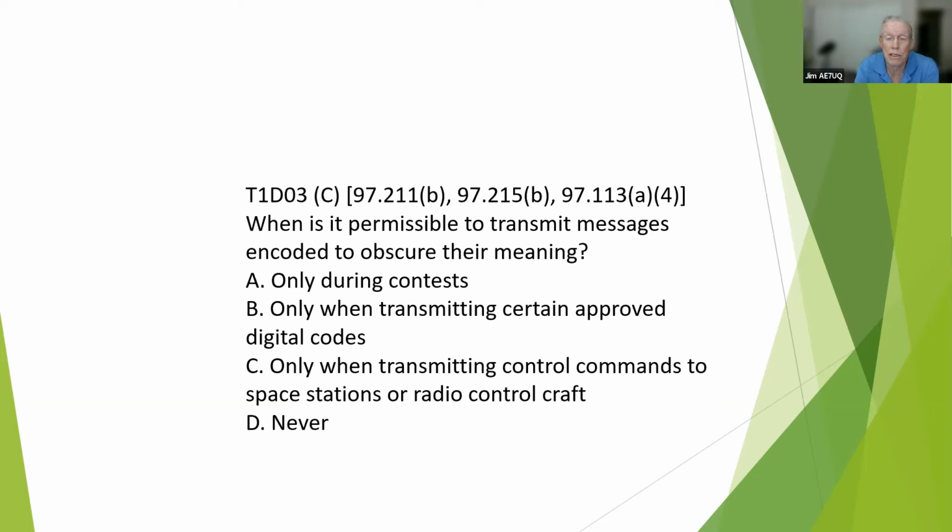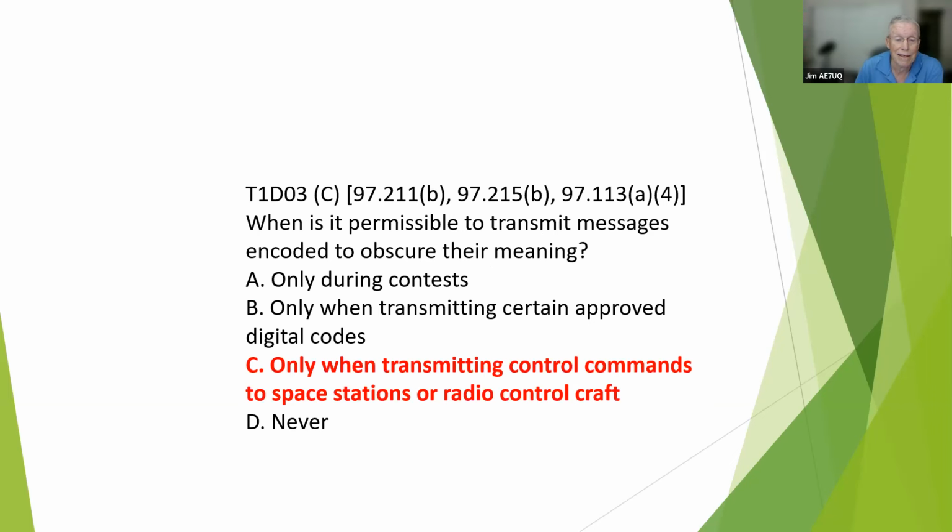When is it permissible to transmit messages encoded to obscure their meaning? Only when you're transmitting control commands to space stations or radio controlled craft. The radio controlled craft, these model boats and cars and that sort of thing.